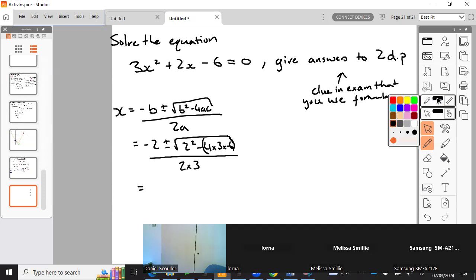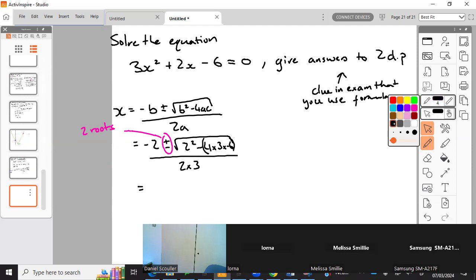Now, you might be thinking, what are you talking about? Why is there a plus and negative sign there? Remember, there's 2 roots. So you're doing this formula twice.